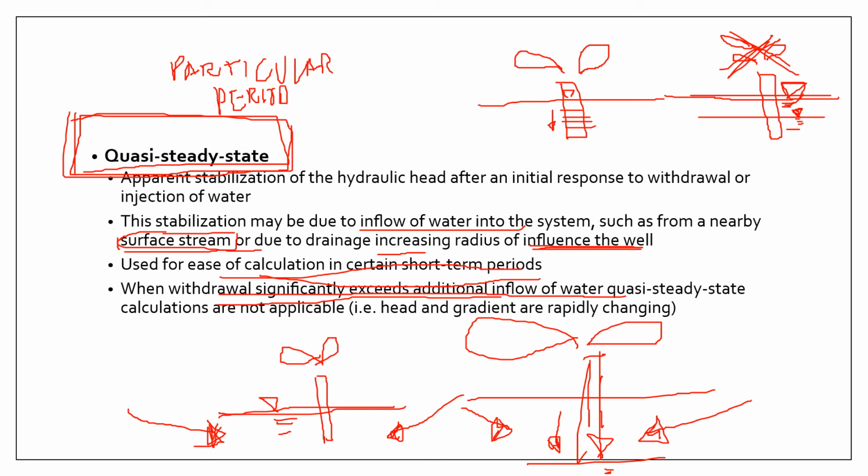So at that point, for this case, this is not a quasi steady state anymore. This is an unsteady state, right? Because your water table or your hydraulic head is changing over time, because the recharge from nearby areas cannot cope up with your groundwater withdrawal.